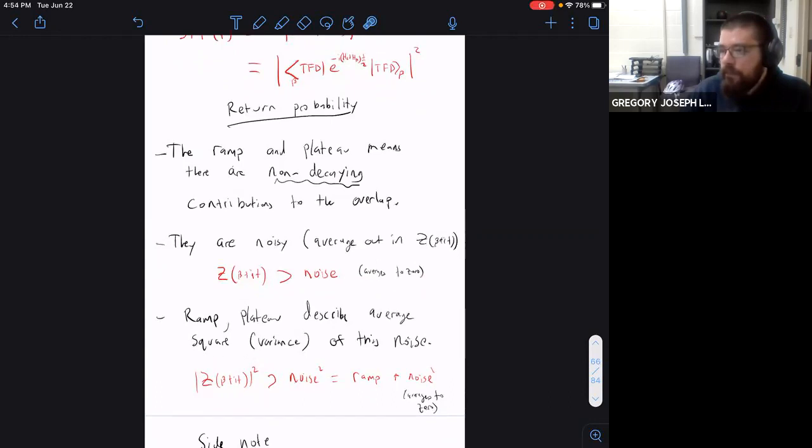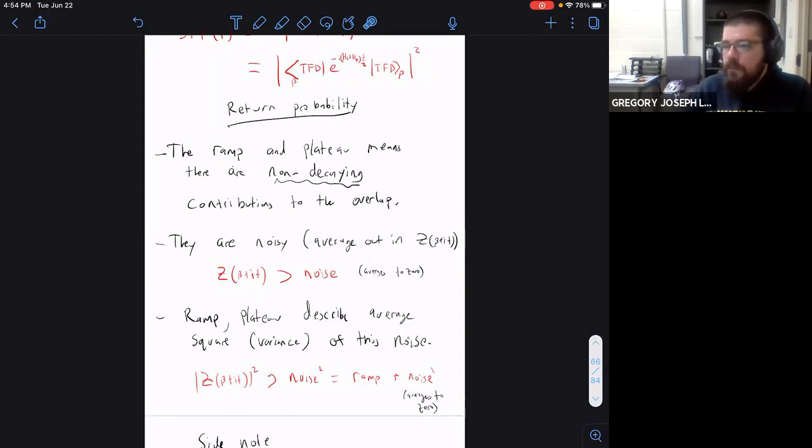We can think about it as having an average piece, which is the ramp, plus a different noisy piece, which averages to 0, just this noise squared minus the ramp. So in gravity, it's going to be really difficult to try to understand this noise. The noise will depend on the precise details of the energy levels of the system. And so it's tough to see something like that showing up in JT gravity with this very simple model.